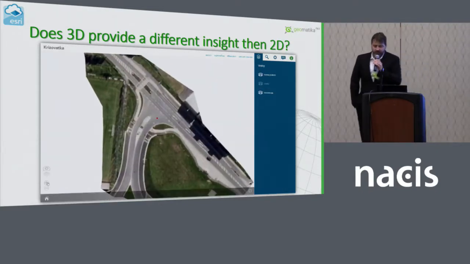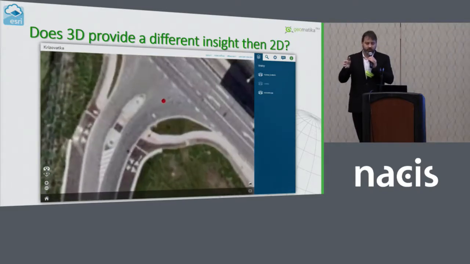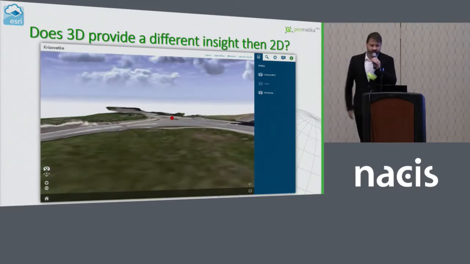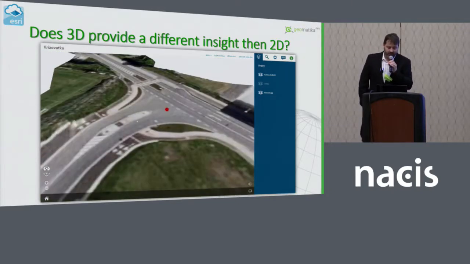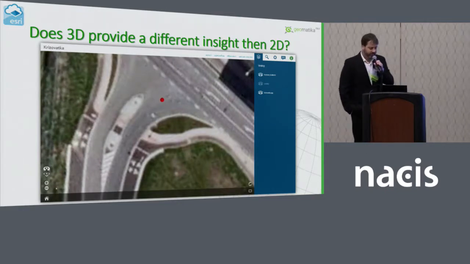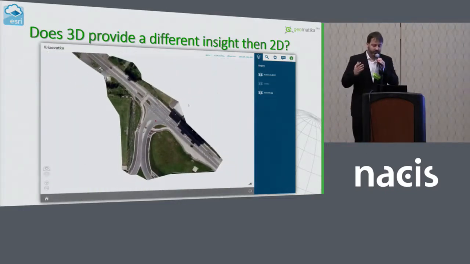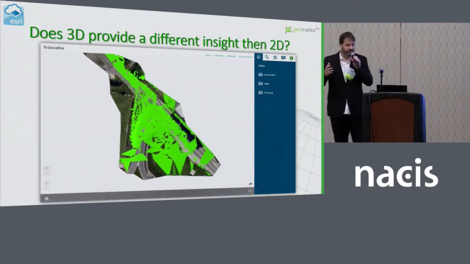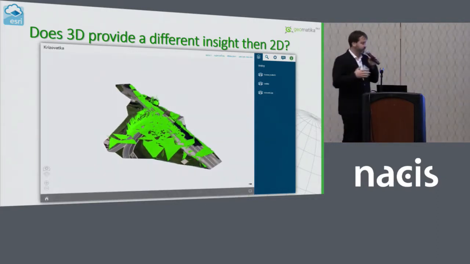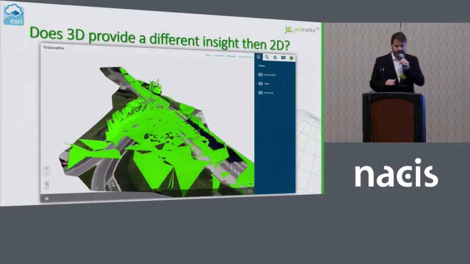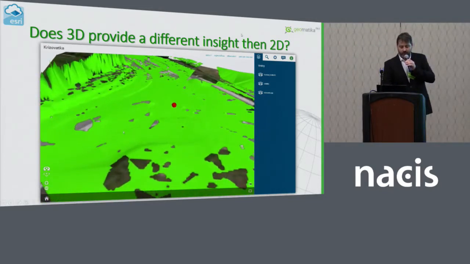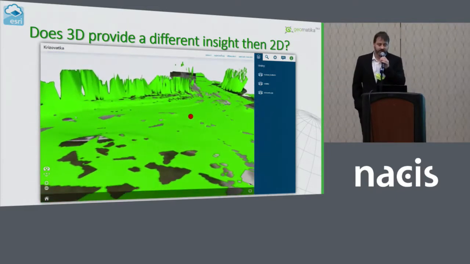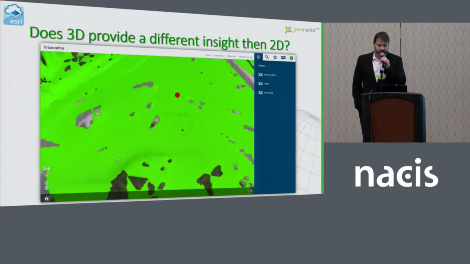The next example is about a viewshed. When you go to a crossroad, you know that you should be able to see which cars are approaching from which way. If you do such a map in two dimensions, you probably are not able to see the full scene. This is a measurement in 3D via laser scan. You can now see that there is a high wall here in the top left corner, which wouldn't be clearly visible from a two-dimensional map.